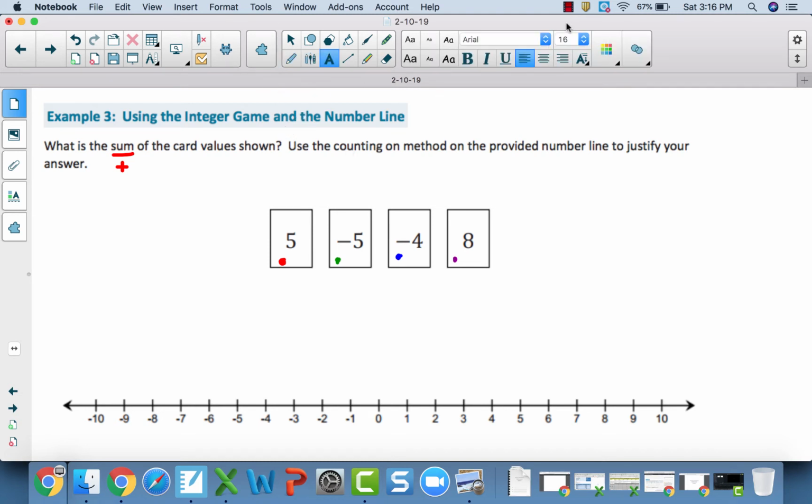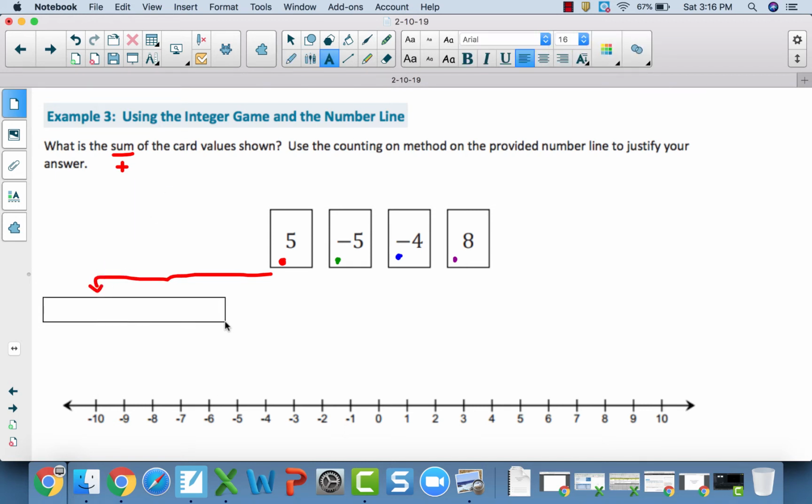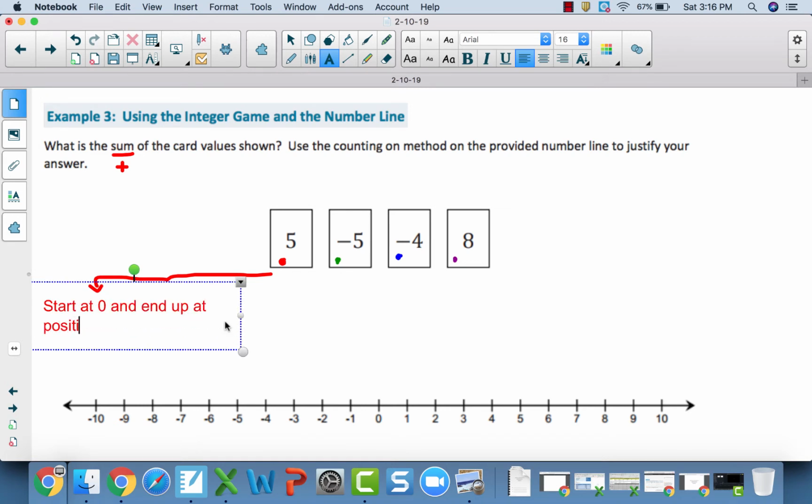So this first term, we're going to start with this 5. So this means, and I'm actually going to draw a full arrow over here just to help with some room. So what this 5 means is we are going to start at 0 and end up at positive 5.